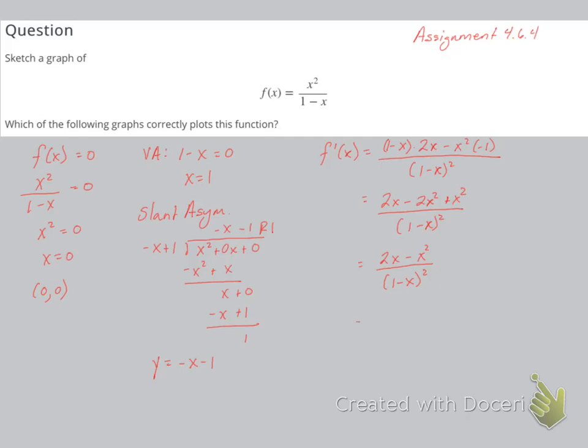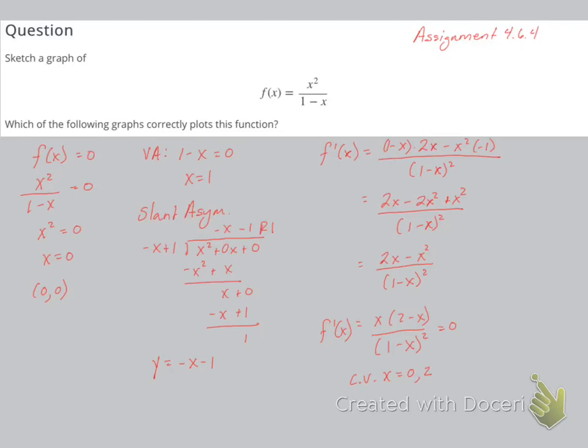So I can factor out an x here, giving us x times 2 minus x over 1 minus x squared. So that's the derivative. I can find the critical values by setting this derivative equal to 0. Again, a fraction equals 0 where the numerator equals 0. So the critical values are going to be at x equal to 0 and 2.